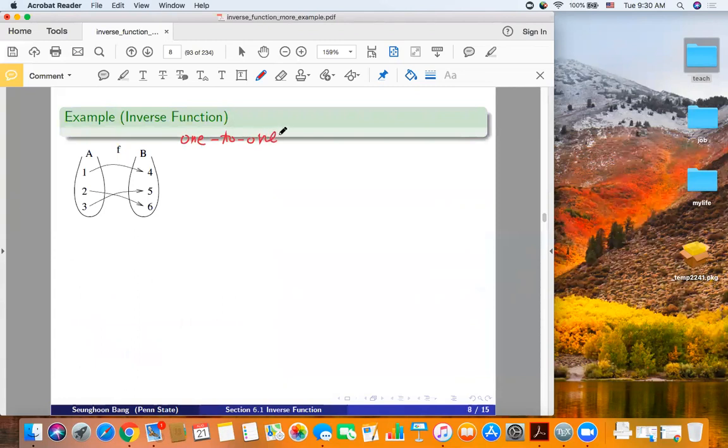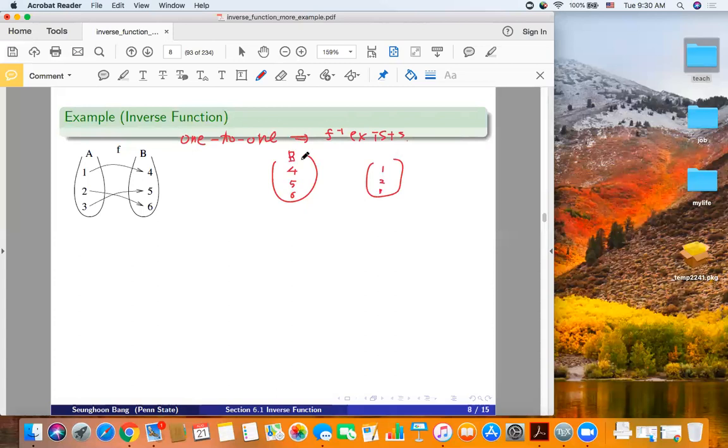1-to-1? Yes. As I said before, a one-to-one function has an inverse function. The inverse function exists. So what's the inverse function? You can change the roles of A and B, like 4, 5, 6 and 1, 2, 3.